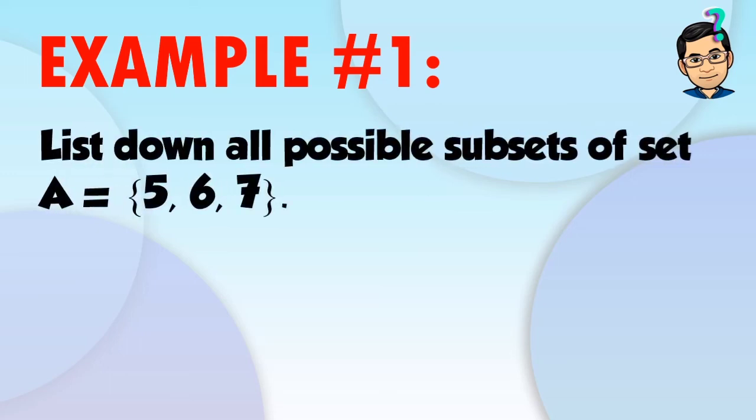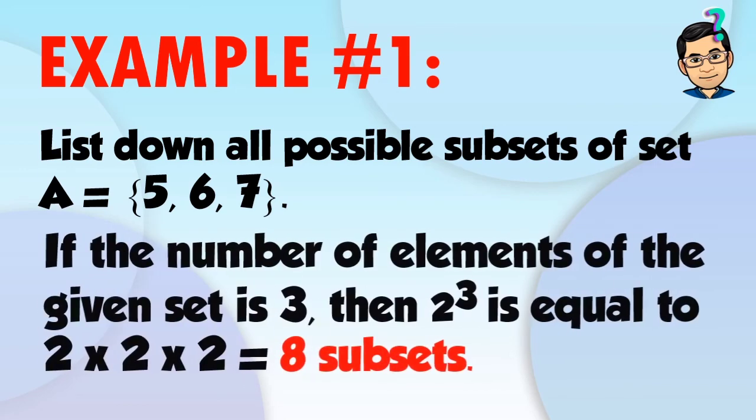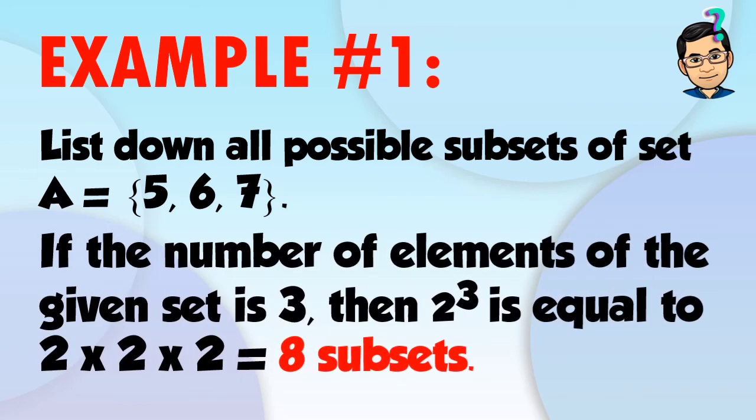List down all possible subsets of set A whose elements are 5, 6, 7. So again, if the number of elements of the given set is 3, then isa-substitute lang natin yung number of elements doon sa formula na 2 raised to n. So magiging 2 cubed. And then 2 times 2 times 2 equals 8 subsets.